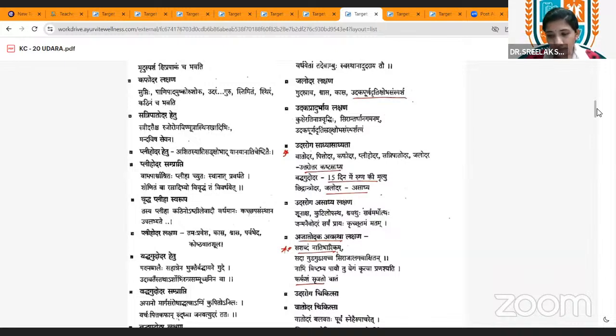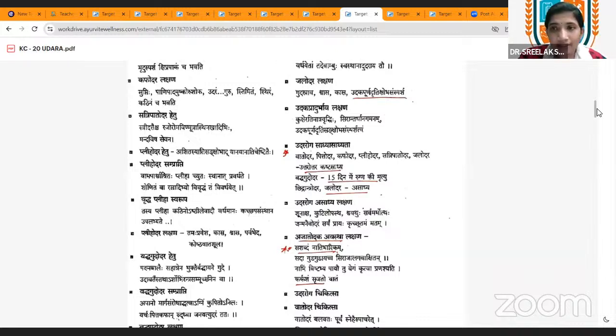Then the next important point about this Udara. In Udara, what is happening? Vatadi Dosha Kopa occurs.